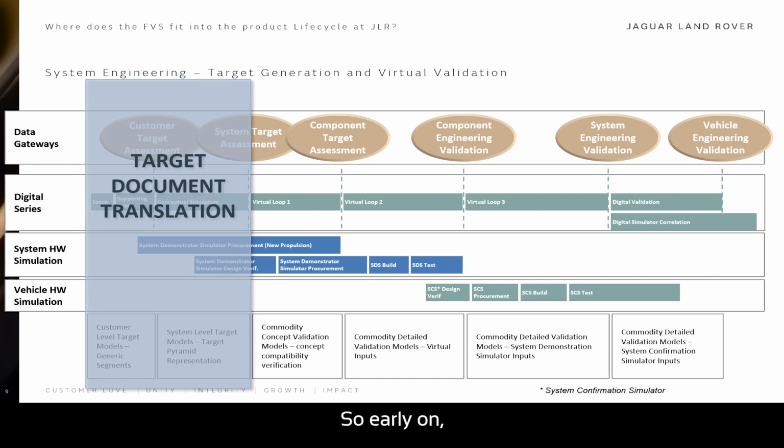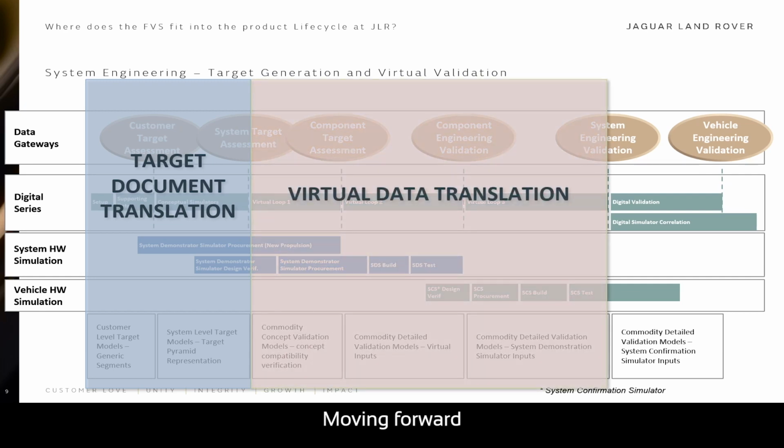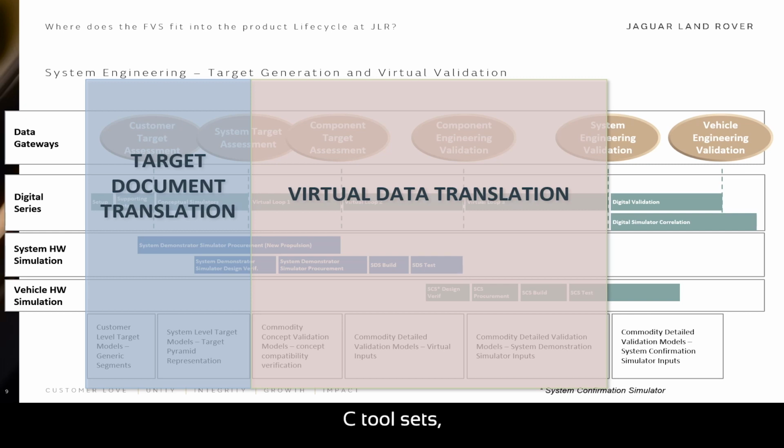Early on, this is all about generating our targets and confirming that our targets are correct for the model and are correct for the customer. This is where we need to convert those fundamental engineering targets into data that can be consumed by the simulator. Moving forward, once we're moving into our virtual loops, this is where we have to take data that's generated either in, for example, FEA, SEA, MVS, all of your standard CAE tool sets.